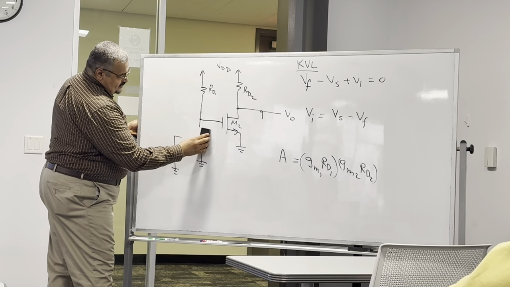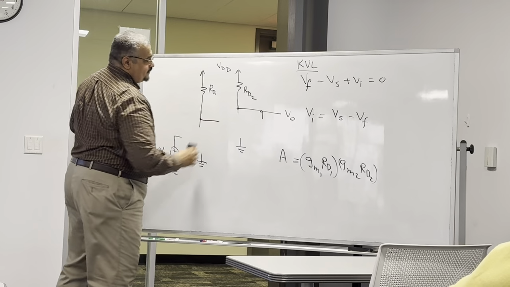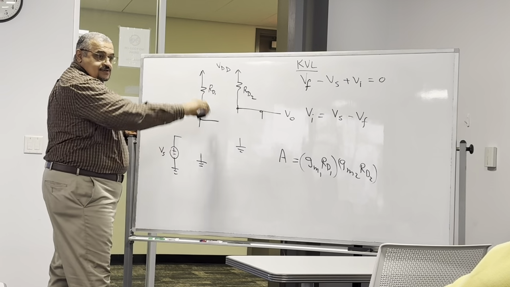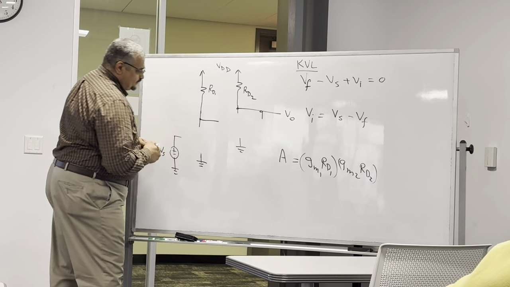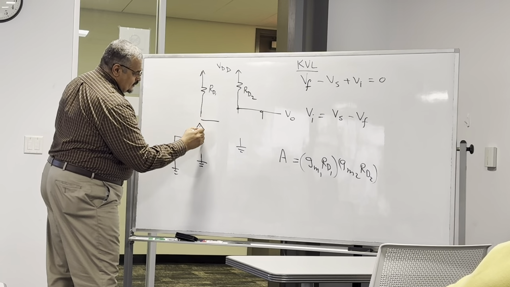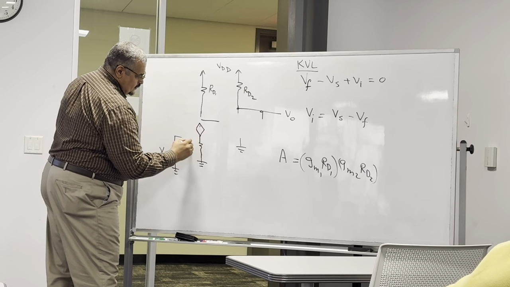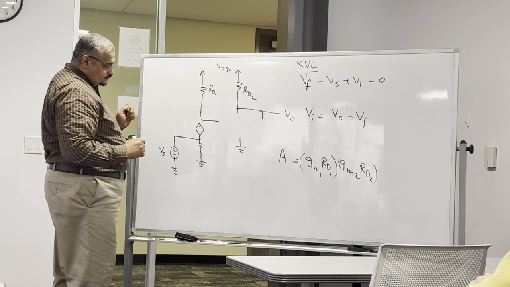replace this transistor with its model. Replace this transistor with its model. Short the DC. Okay, so this is going to be like this. And what's this? gm.